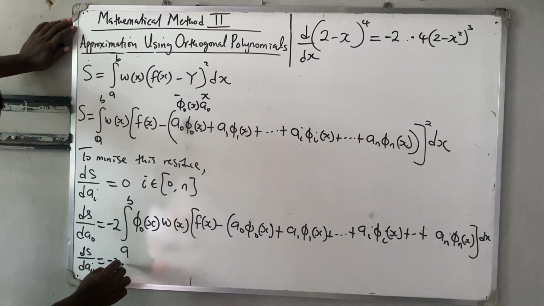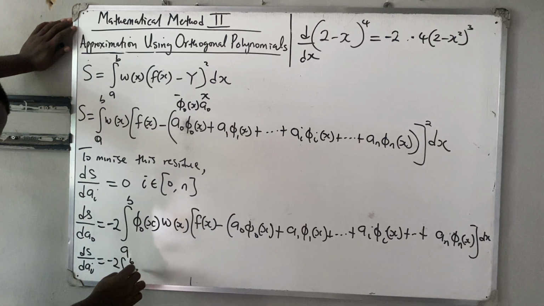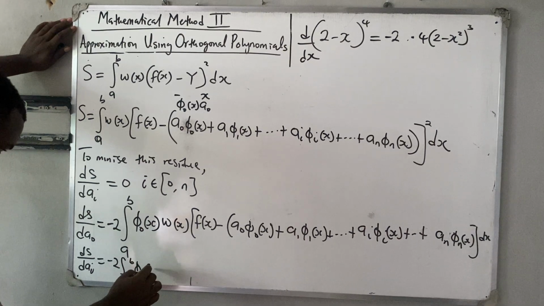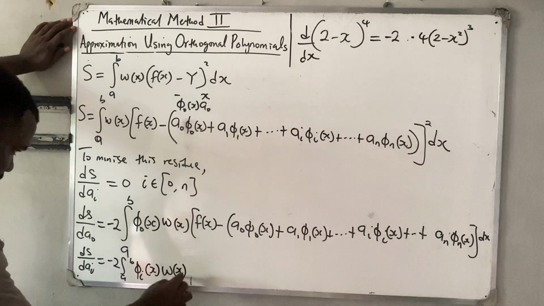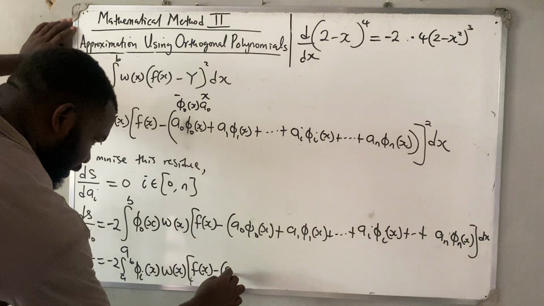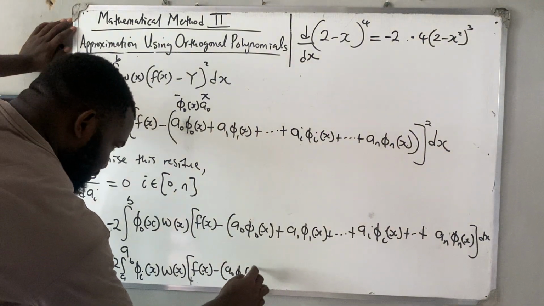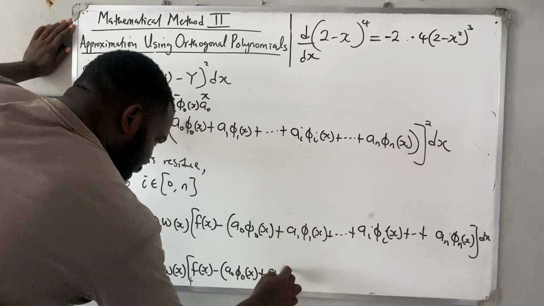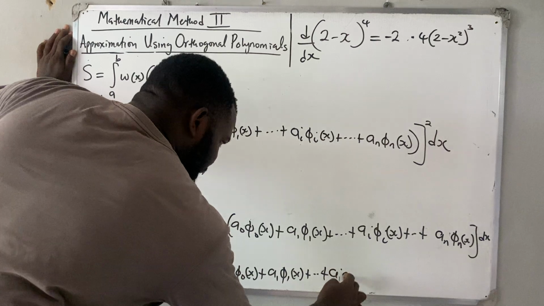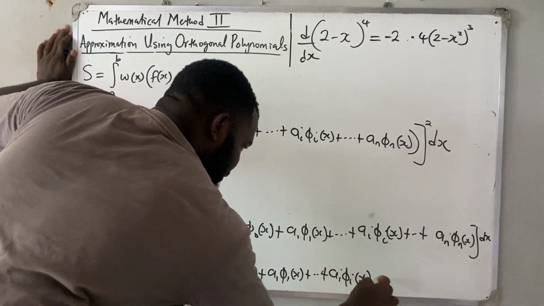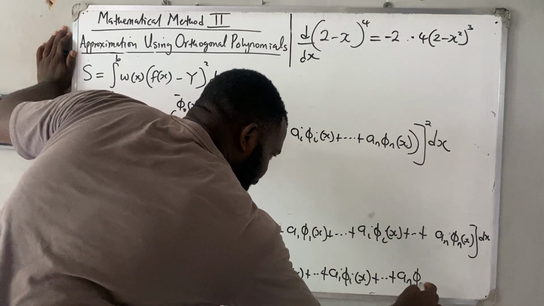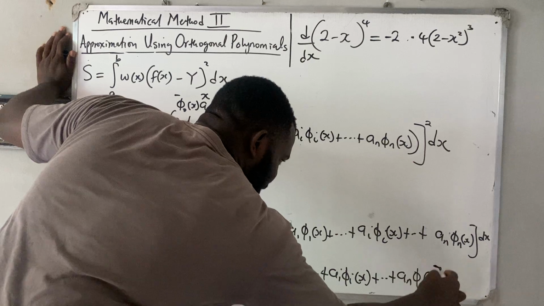It will now be minus 2 the integral from a to b of phi I of x with the function w of x into f of x minus a naught phi naught of x plus a1 phi 1 of x plus ... plus ai phi i of x plus ... plus an phi n of x.